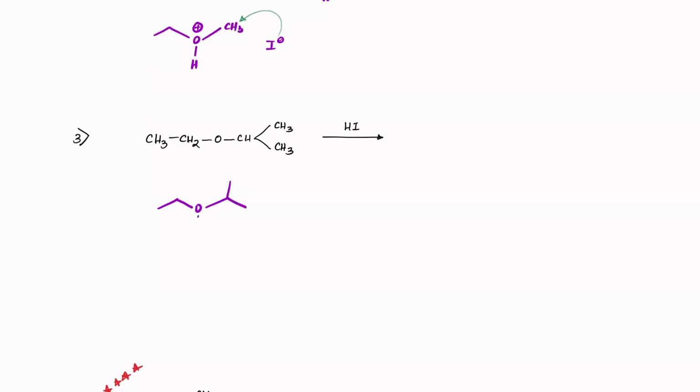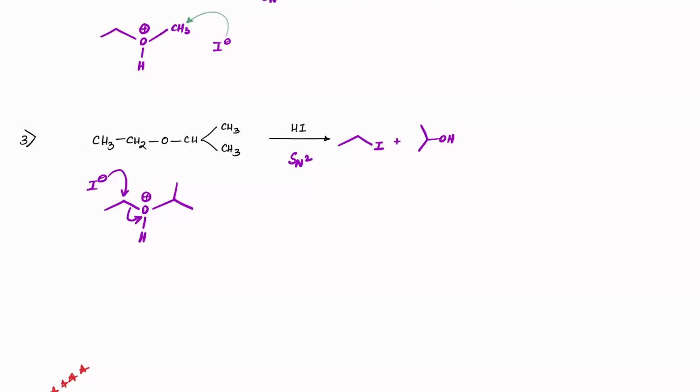Check out this case, where we have ethyl here and then propyl here. So protonation would happen, and since it is a secondary position, although it might give a stable carbocation, still because iodide is a stronger nucleophile, you will still favor the SN2 mechanism, and ethyl iodide and propyl alcohol is the major product that you will report. In fact, the other products will also come where you will have OH and this one, but these two would be minor products in this case.